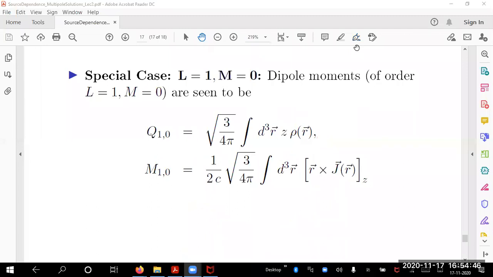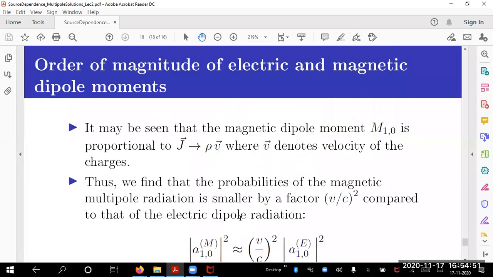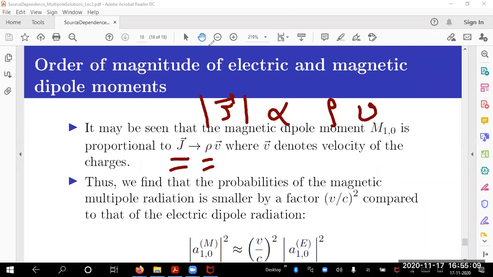So what I will tell you now is, fine, we have got this. I want to show you that the magnetic dipole moment contains a current density J, and current density is related to charge density: magnitude wise, J is charge density times the speed of the particle, the magnitude of V. Current density and charge density are always related.